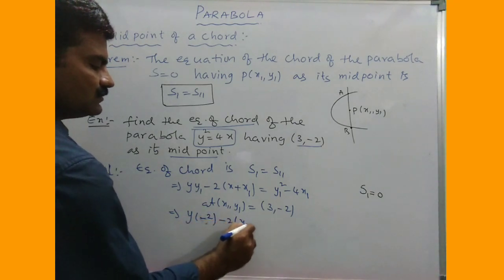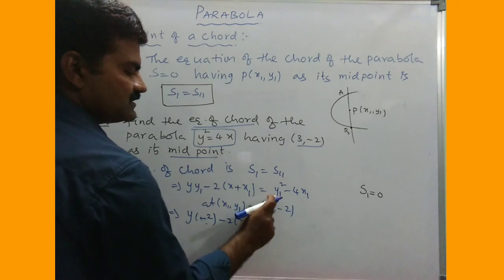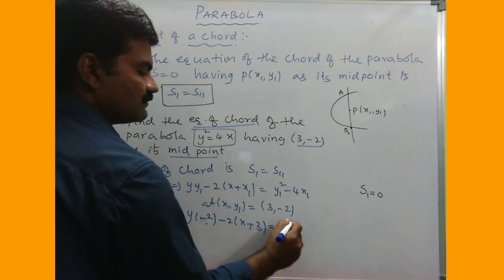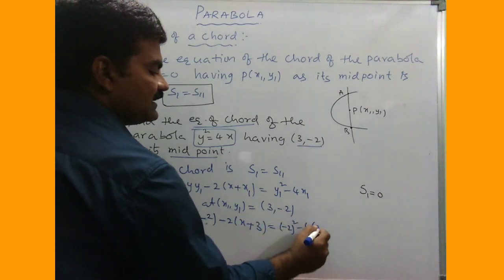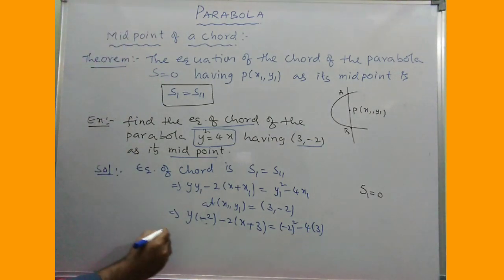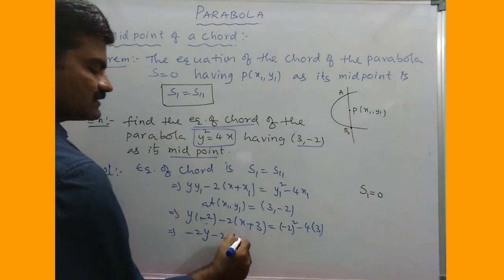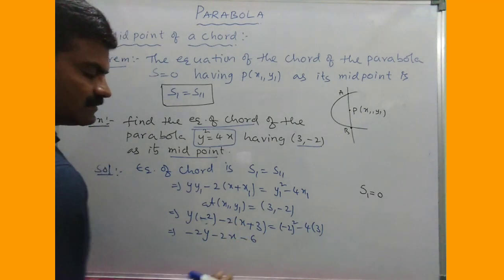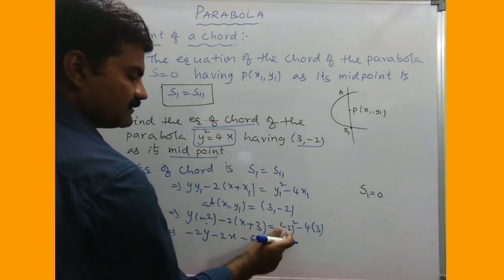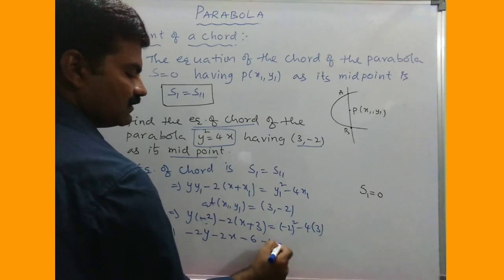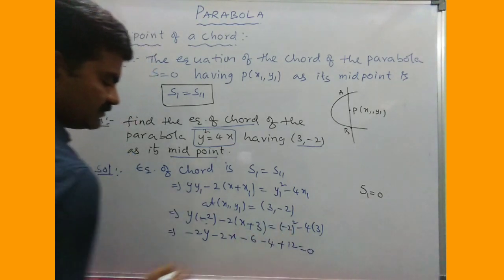Minus 2 into x plus 3, which is equal to y1 square, minus 2 whole square, and minus 4 into 3. Okay, so this is minus 2y, minus 2x, minus 6, and can you bring this side? Then minus 4 and plus 12 is equal to 0.